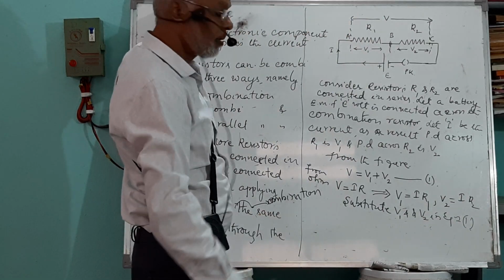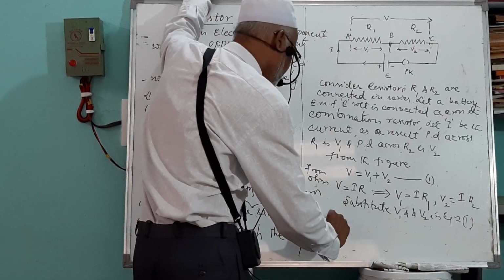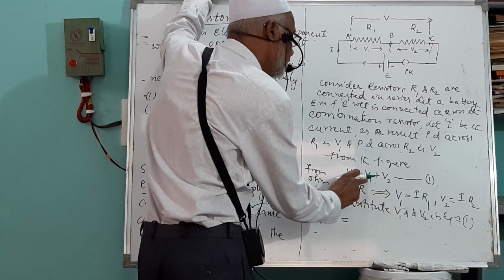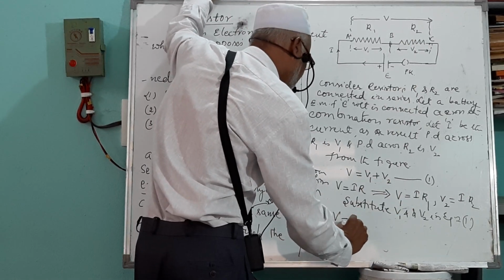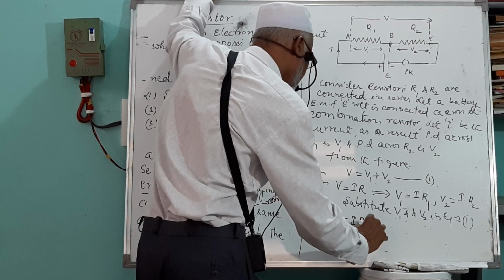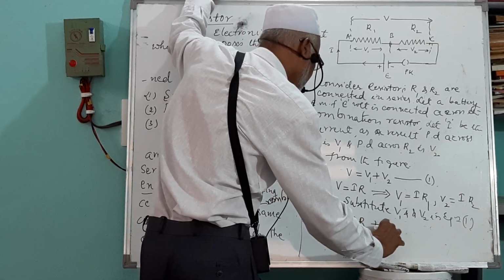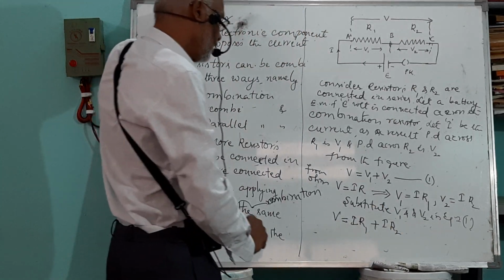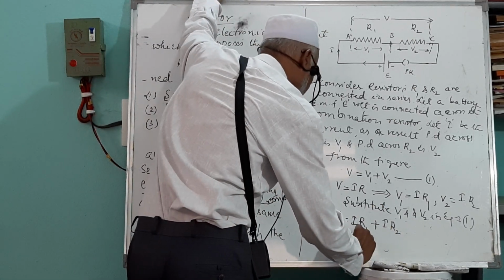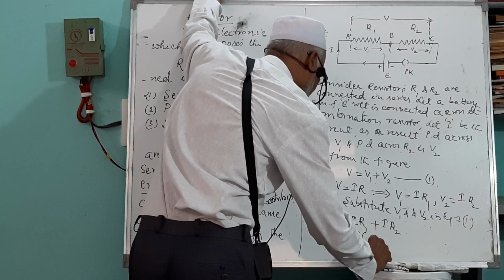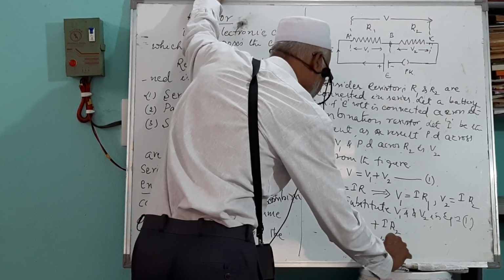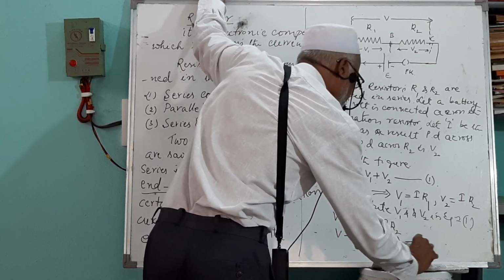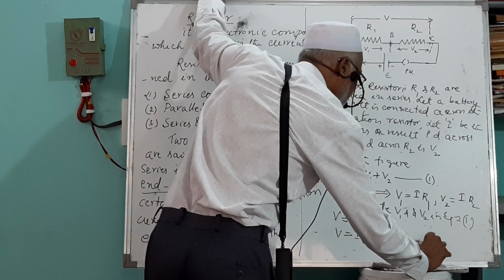So V is equal to V1, which is I into R1, plus V2, which is I into R2. In these two terms I is constant, so you can take it outside: I times R1 plus R2, which is equal to V. This we call equation 2.